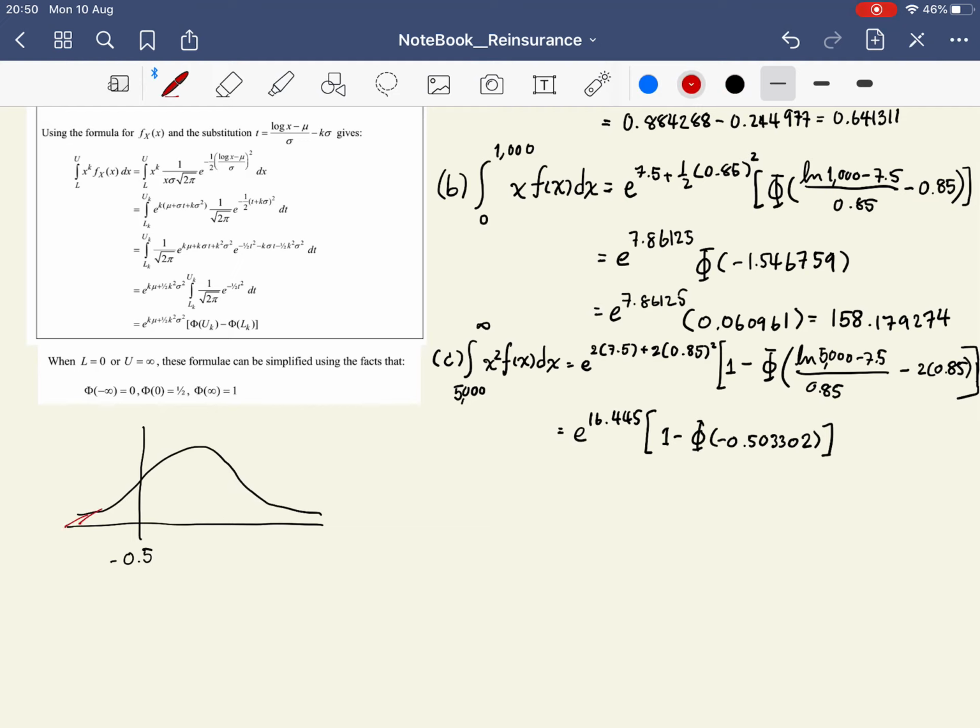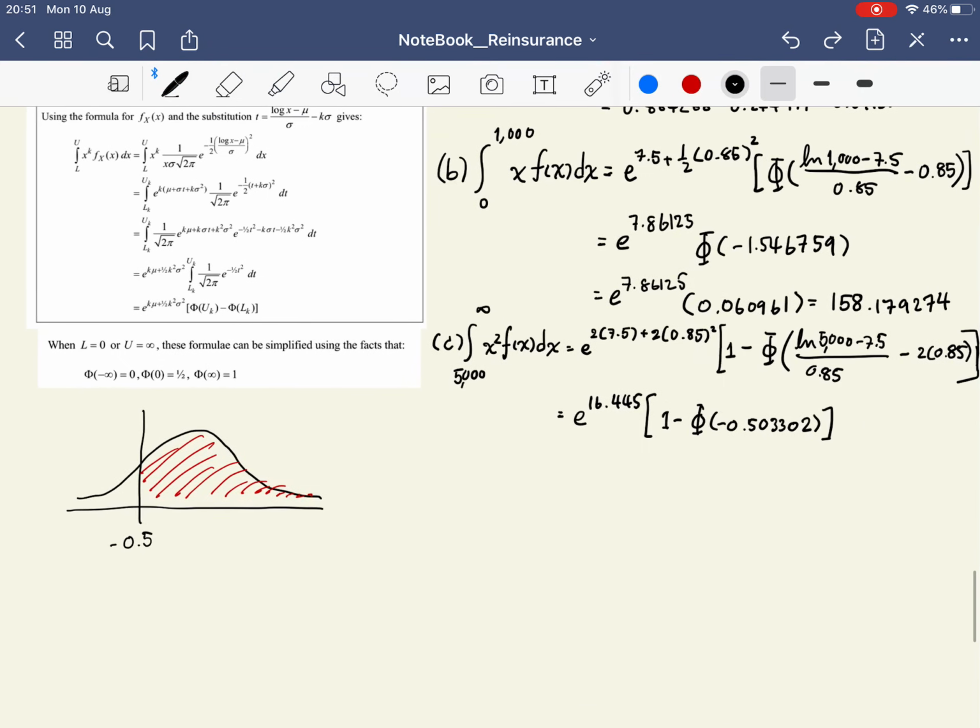The table gives the area here, and what we want is 1 take away this number, which is the probability on the other side. So if you have an app, you can ask for the probability that x from the standard normal takes a value greater than negative 0.5.